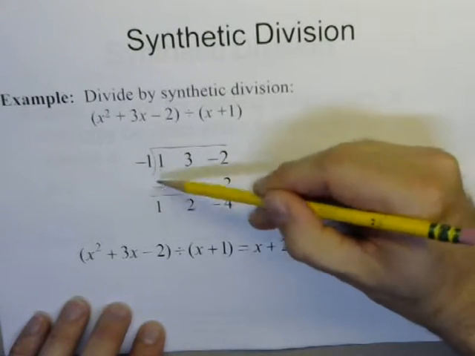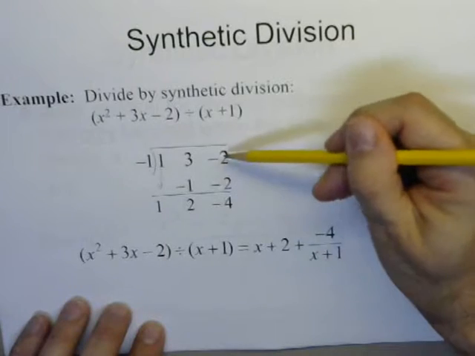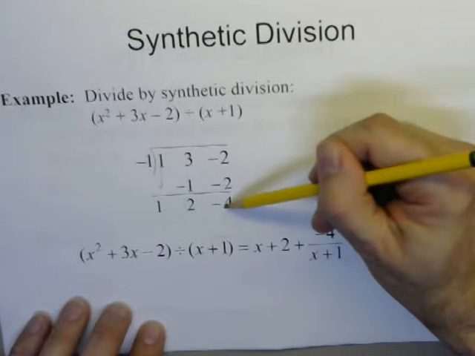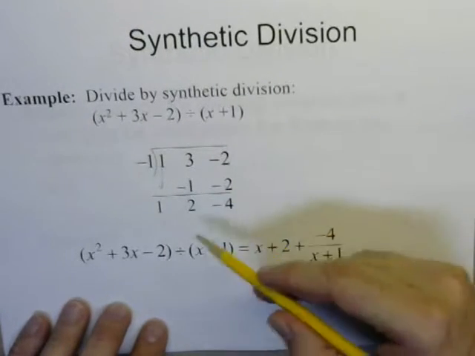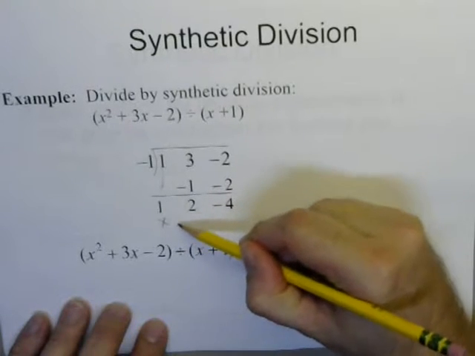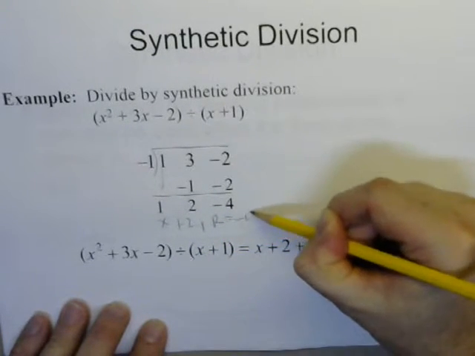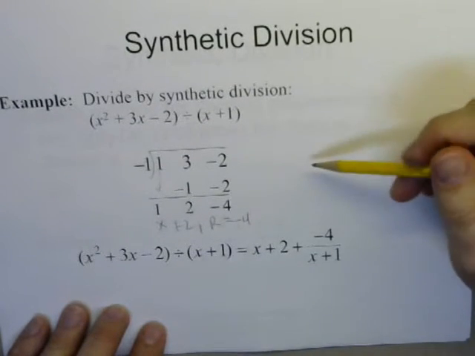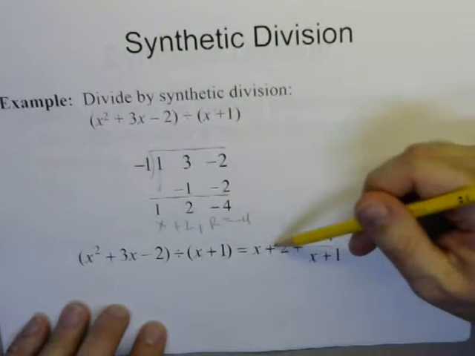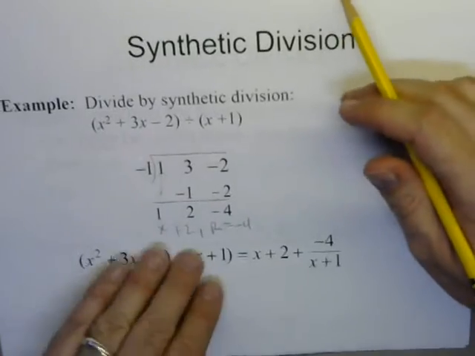Then again, take this number times that, which gives you negative 2. Just add them together, which gives you negative 4. So in this case, the answer will be x plus 2 with the remainder equal to negative 4. Right? Or you could write it as x plus 2 plus negative 4 over x plus 1.